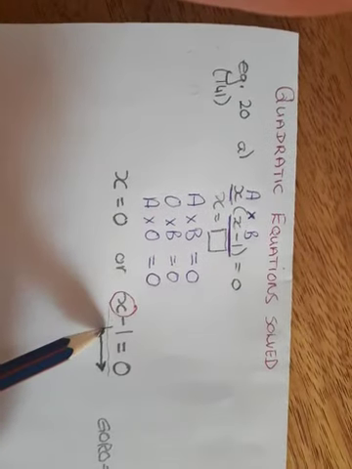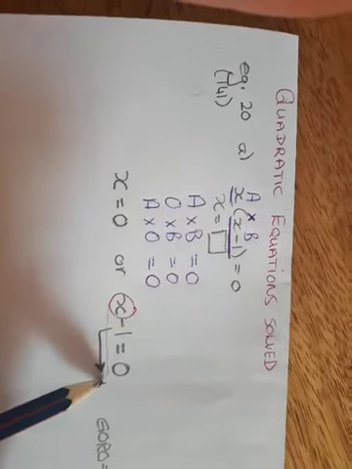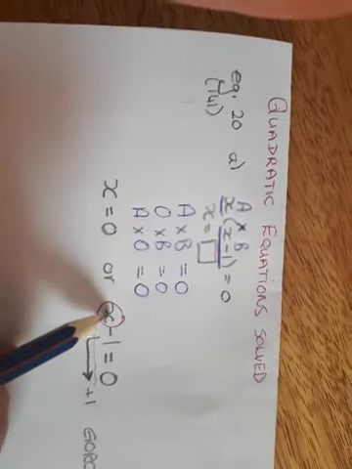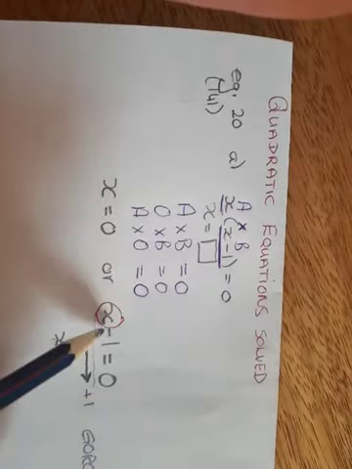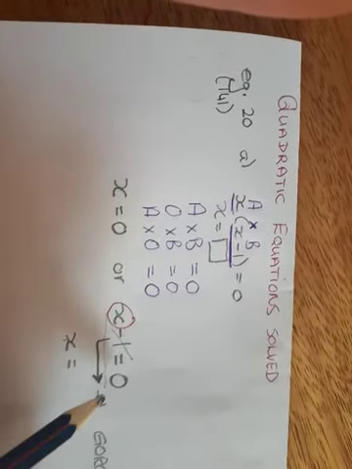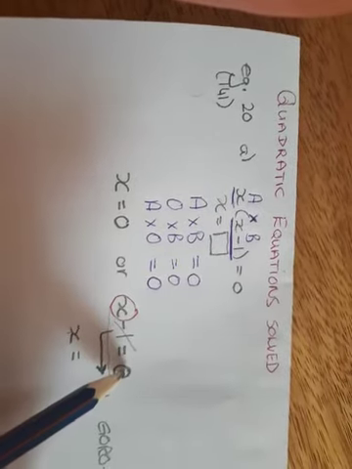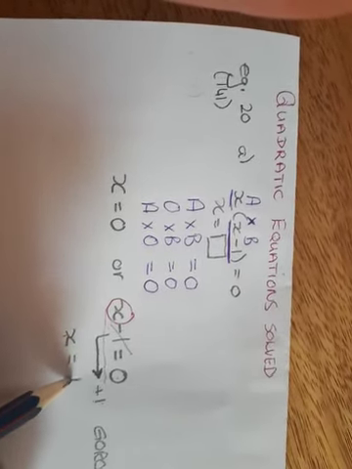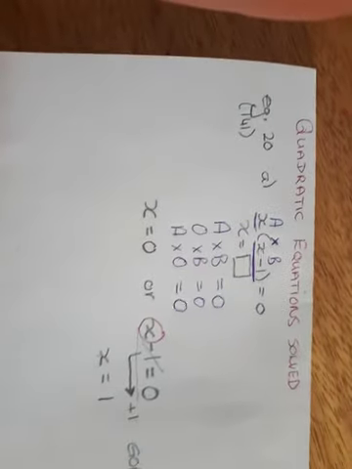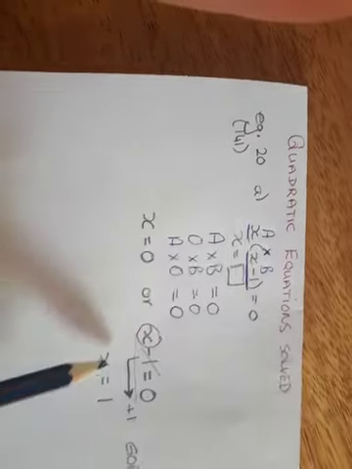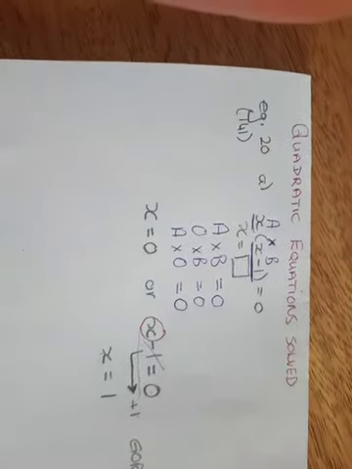So taking the 1 over to this side, it must become positive 1. On my left hand side I've got the x left over, and then on the right hand side, I've got 0 plus 1, which gives me a 1. So my answer is that x will be 0 or x will be 1.